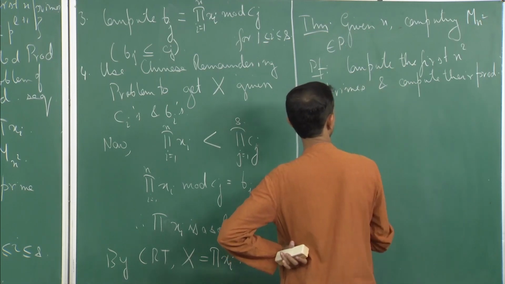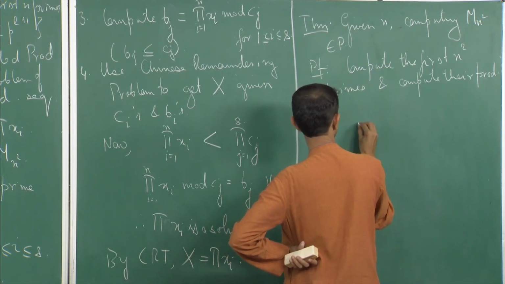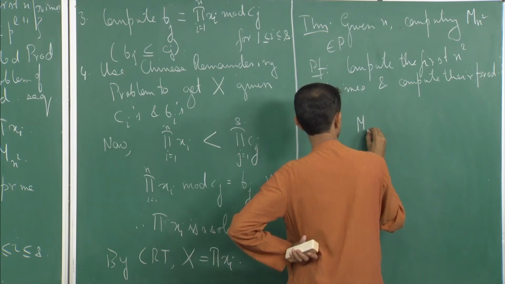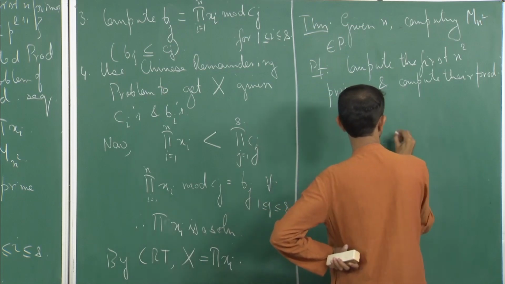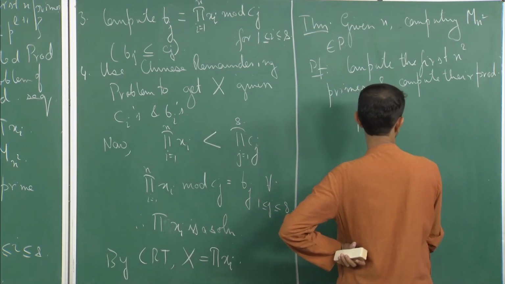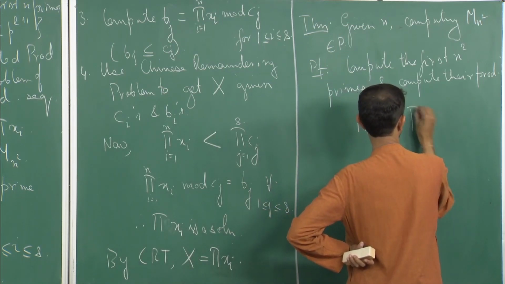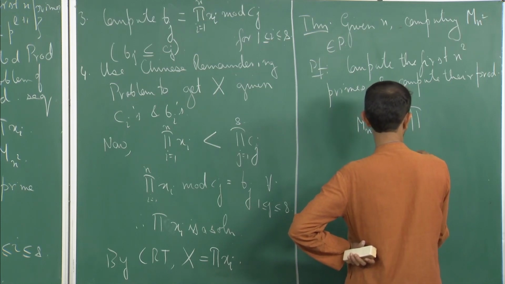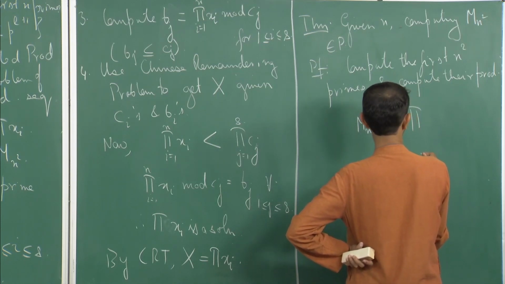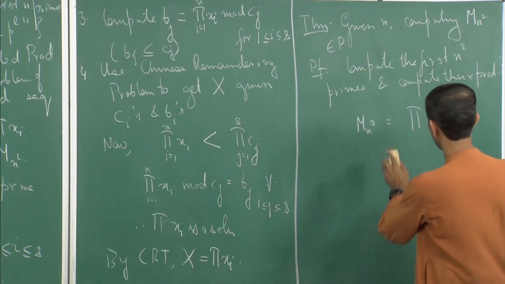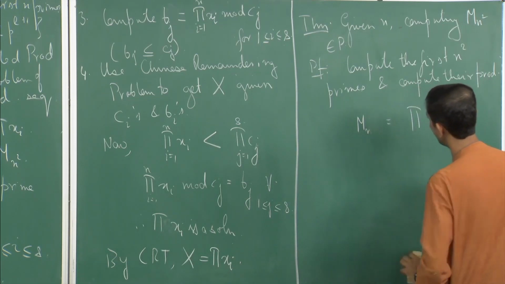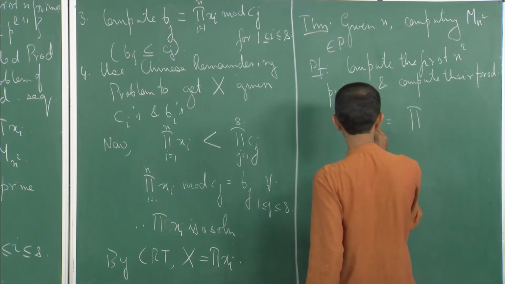So the mn square that we get as a result of this: what is the product of the first n square primes? I do not even need to say this for n square, since I have to show it is a good modulus sequence, so I will just argue for mn.